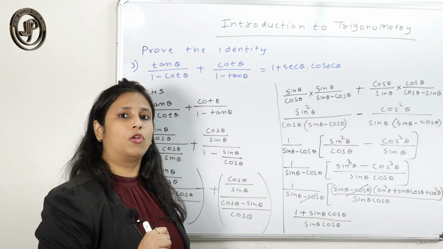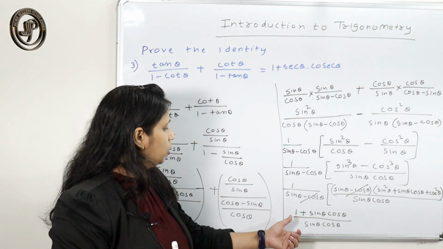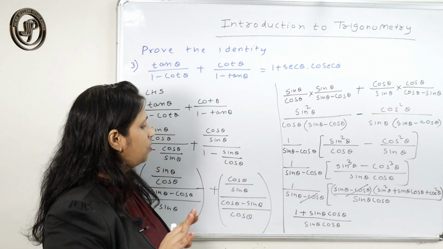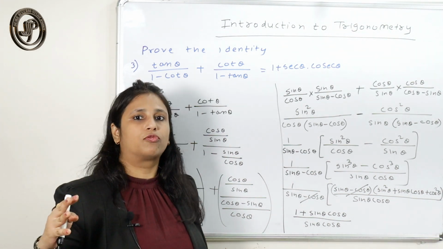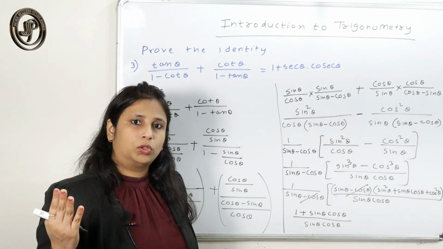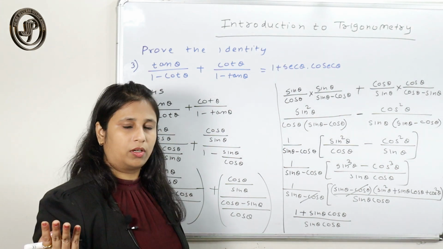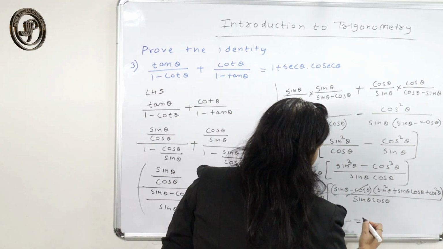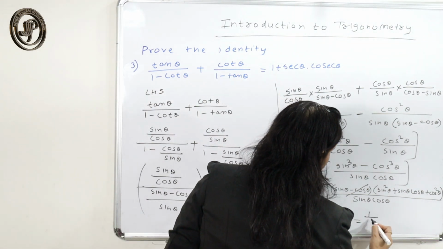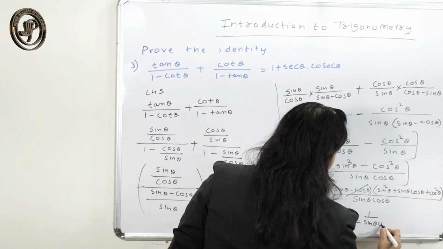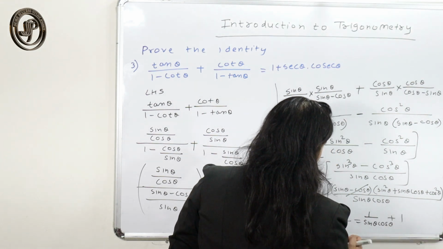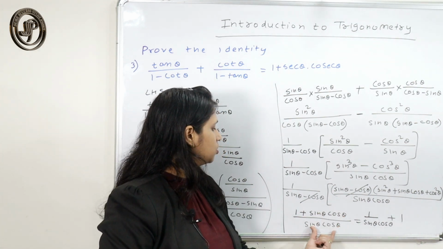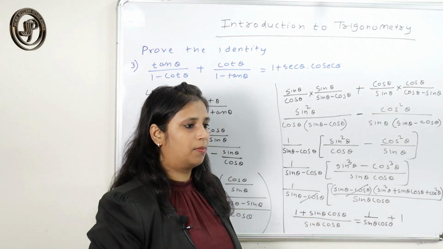Now you have to follow my rule 3, according to which, after simplification, I have to convert sin cos form into sec cosec cot form. Okay. So this can be written as 1 upon sin theta cos theta plus 1, because sin theta cos theta upon sin theta cos theta becomes 1.